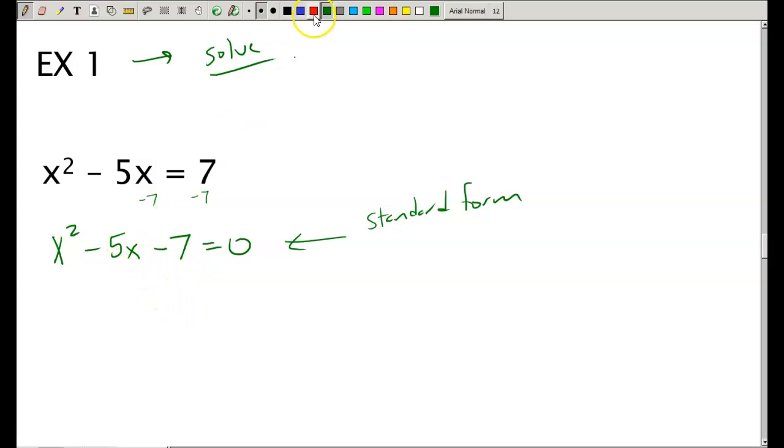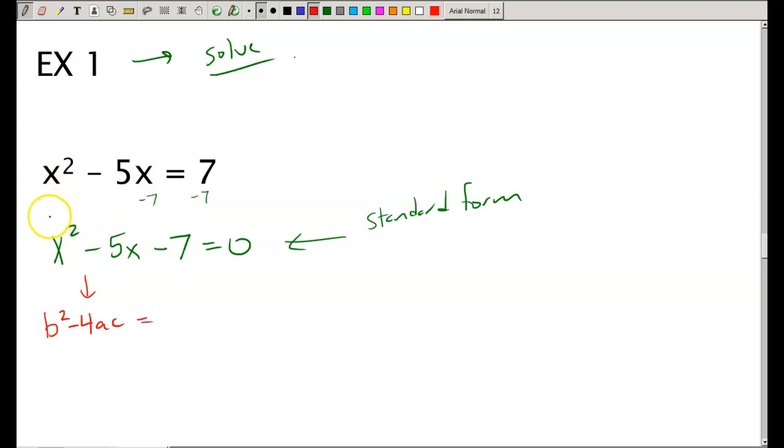So what we're going to do is use the quadratic equation. But before that, we're going to calculate the discriminant. Remember, the discriminant, which is b squared minus 4ac, is part of the quadratic formula, but we're going to do that first. So in this problem, we're going to calculate b squared minus 4ac.